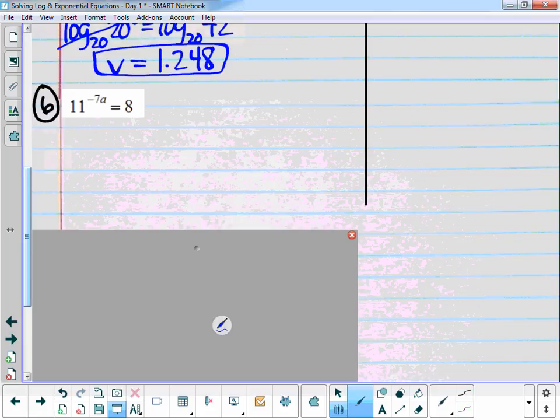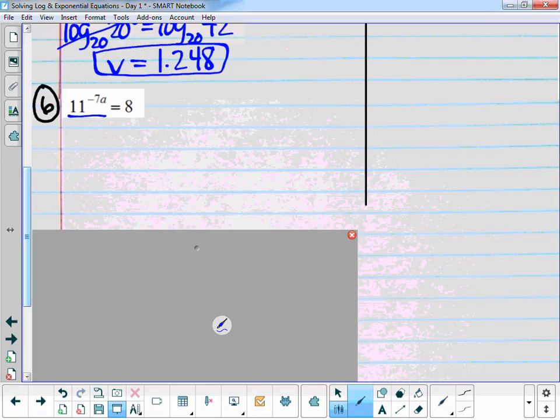We are not writing any more steps. So, is the term with the variable by itself? It is, right? It has an operation in the exponent, but we'll figure that out after. We're not adding or subtracting or multiplying anything to that.